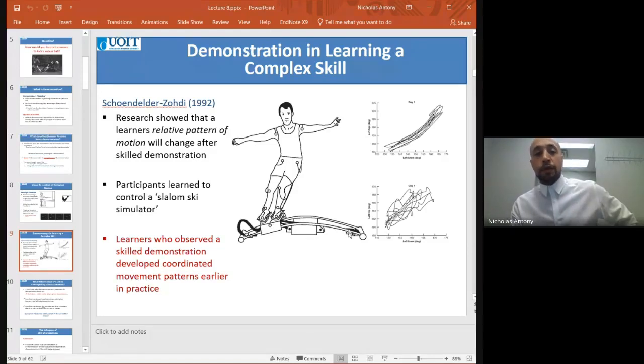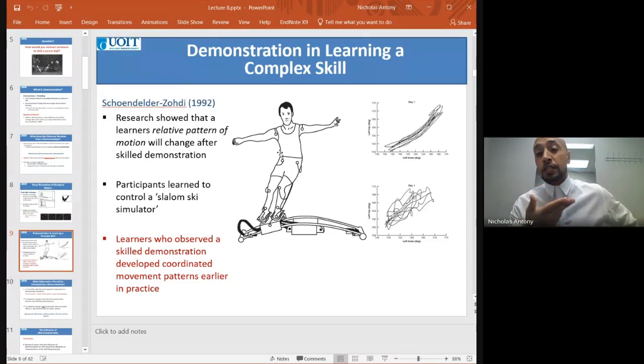So this is a ski simulator. You go back and forth, back and forth, back and forth. And they counted how many times it would take people to learn how to do that effectively. And then what they did was a second group where they observed the dots of the person moving back and forth, and it led to a significant reduction in the amount of practice they needed to learn how to do this machine.